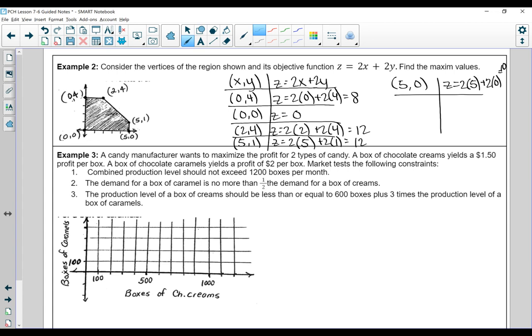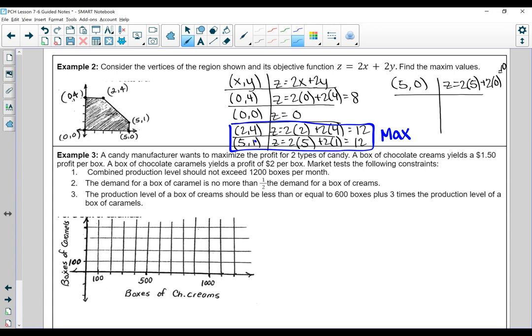Okay, so I actually have 2 points that are my maximum values, and that's what we are being asked to find. Where does my maximum occur?